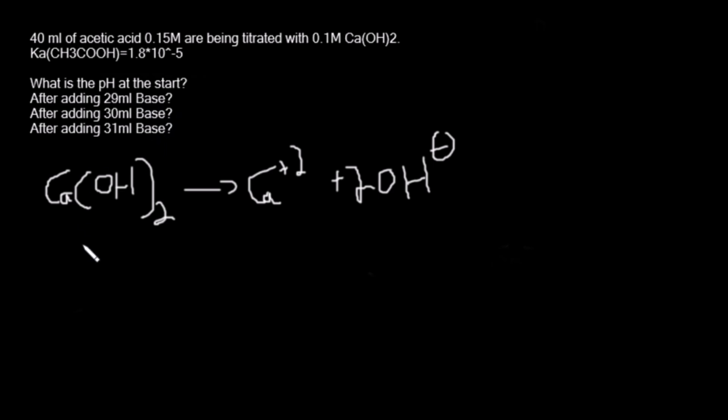You're going to get 0.0029 moles. What matters is the moles of the hydroxide, so it's going to be times 2 because of the coefficients, as you can see in the balanced equation. So you're going to get 0.0058 moles.